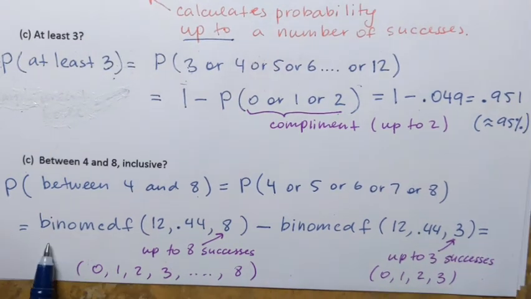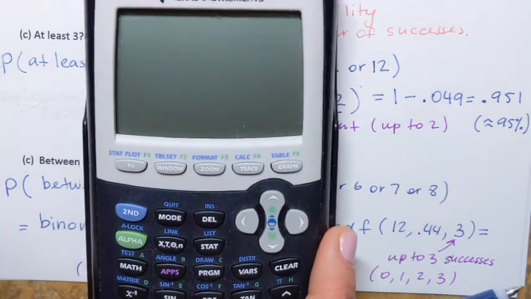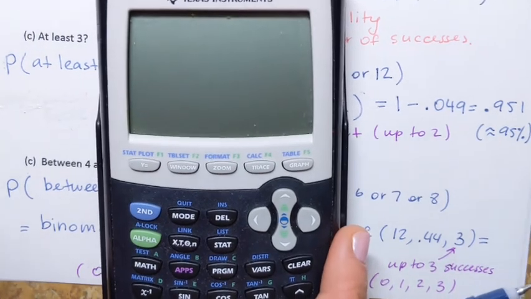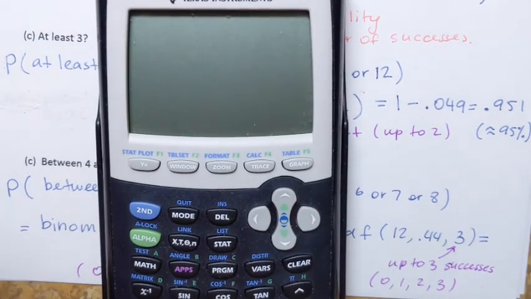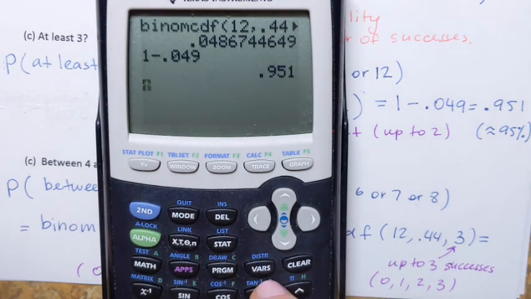By the way, we can enter this entire expression in our calculator. Another option, of course, is to calculate this probability and then the second one and subtract them, but I'll show you how to enter it all at once. So we start by Binomcdf.